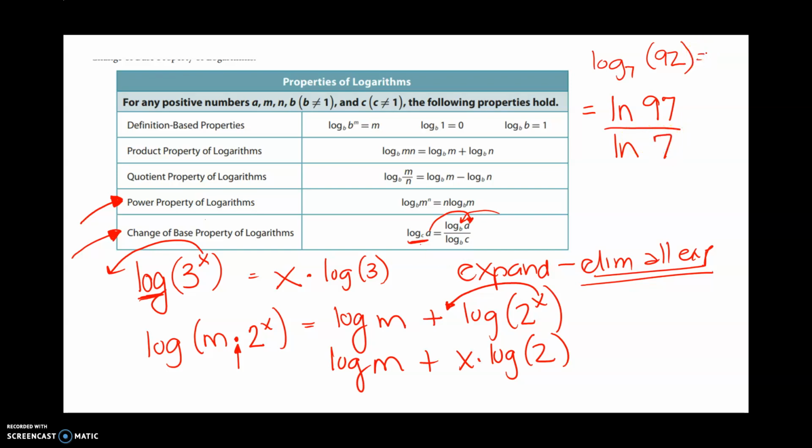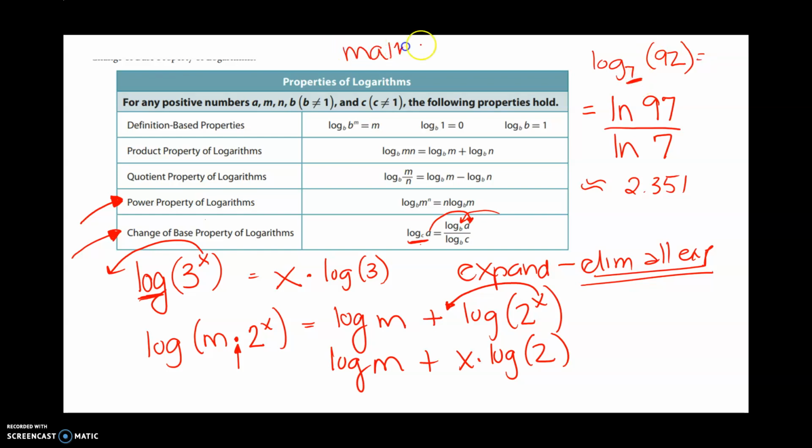So if I plug both of these into a calculator, natural log of 97 divided by natural log of 7, gives me 2.351, rounding it.